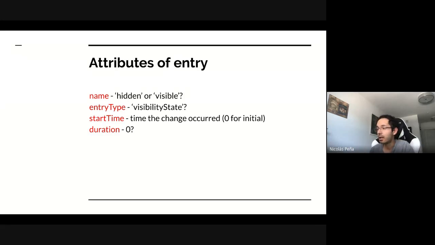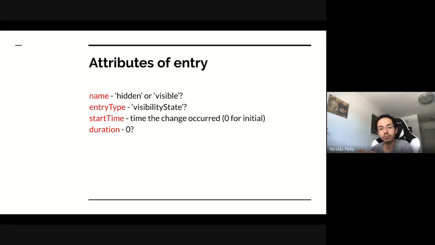And then start time could be the time at which this change occurred, which if we do surface an initial entry, it would be 0 or something like that, because it's basically during navigation start. And then duration, I was proposing it could be 0, although Philip Walton from Chrome DevRel commented that maybe it could contain some useful information like duration of visibility change handlers or something like that.